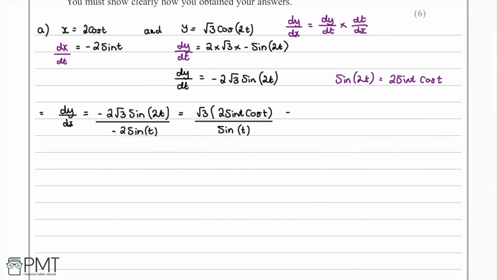Then multiplying out the brackets at the top, we'll have 2 root 3 sine t cos t, and we divide this still by sine t. We now notice that we have a sine t and a sine t here, which will cancel out, which leaves us to conclude that dy by dx is going to be equal to 2 root 3 cos of t.